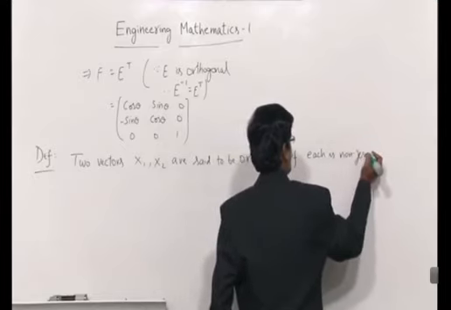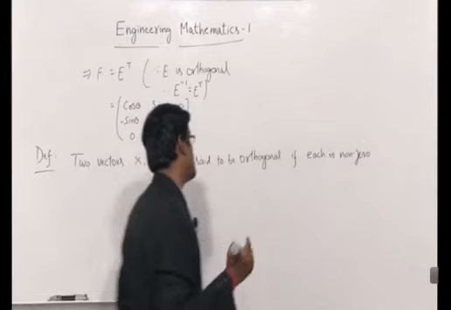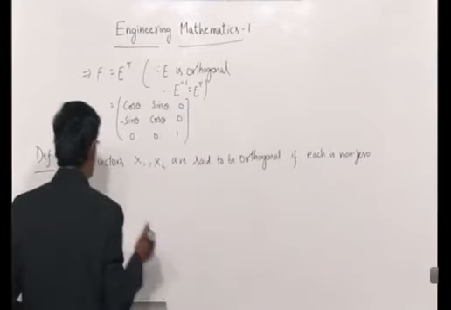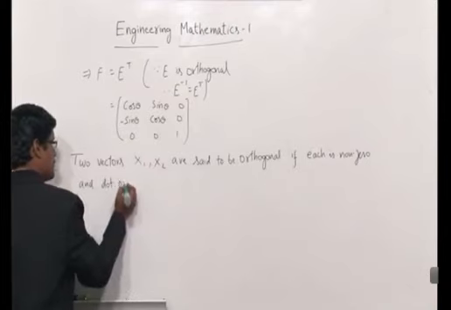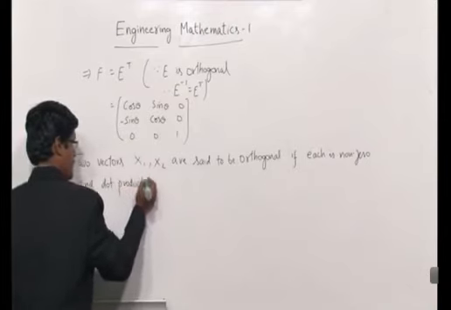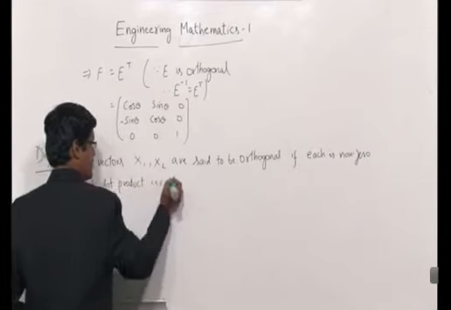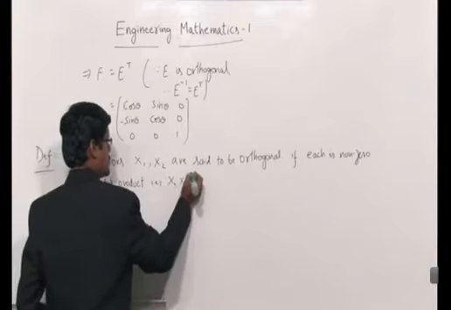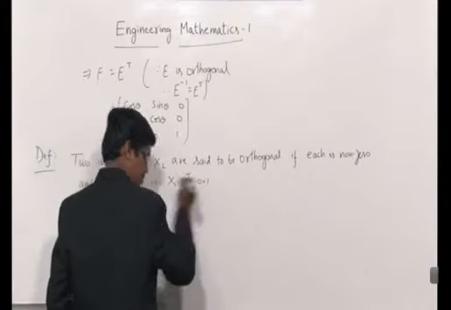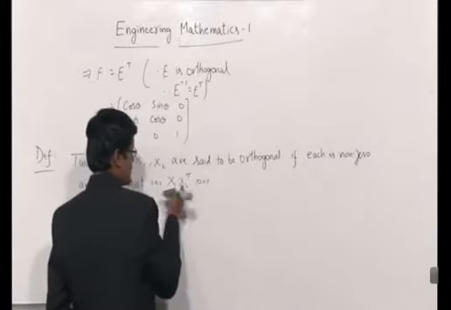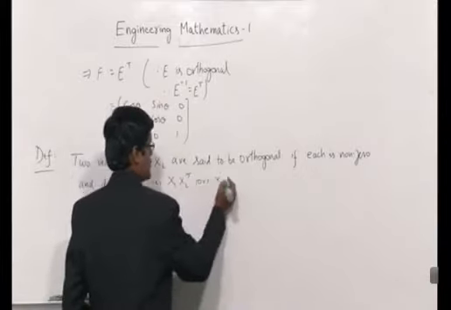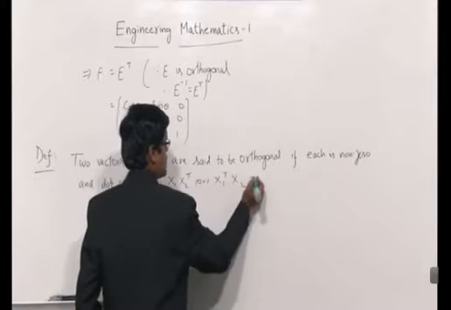That means each is a non-zero vector, that is, at least one element in the vector, row or column, is non-zero, and the dot product, that is x1 into x2 transpose, or depending on the order, either row or column, you check this expression, x1 transpose into x2 is equal to 0.